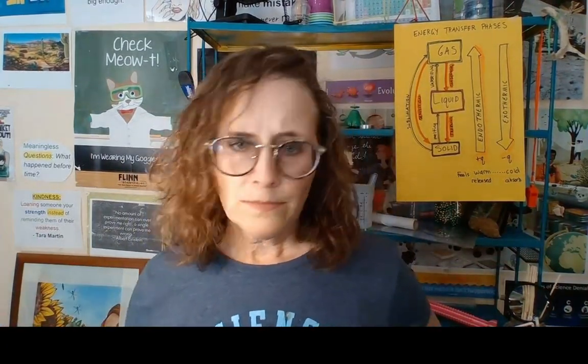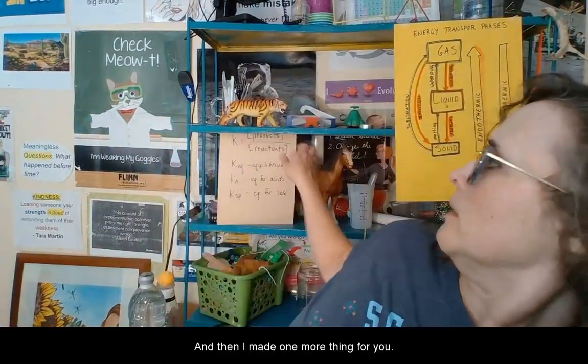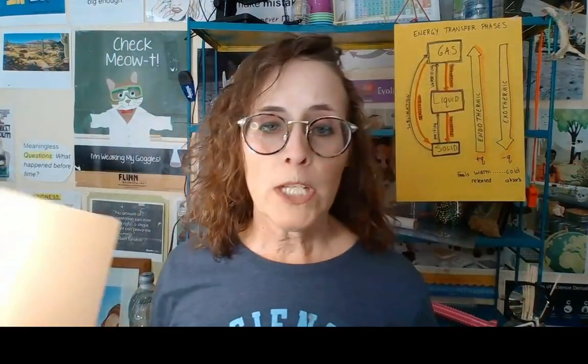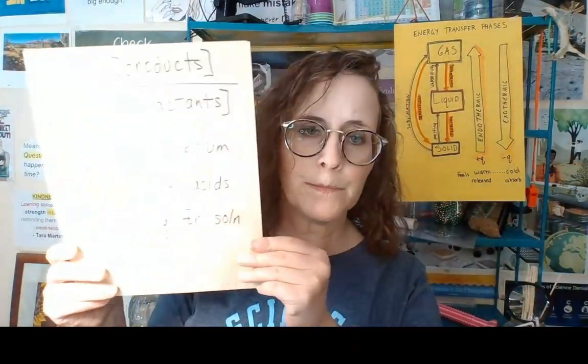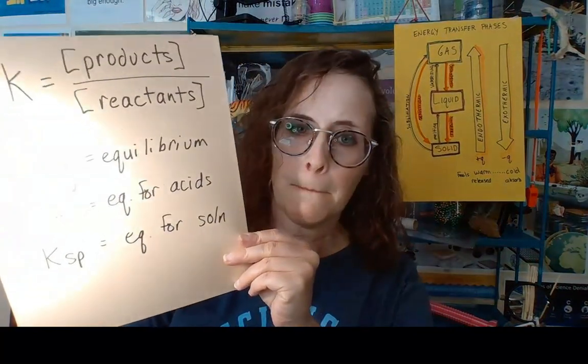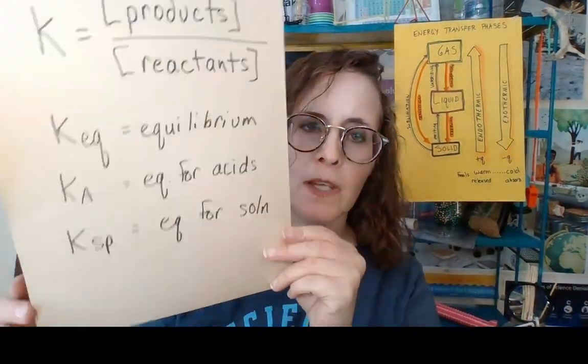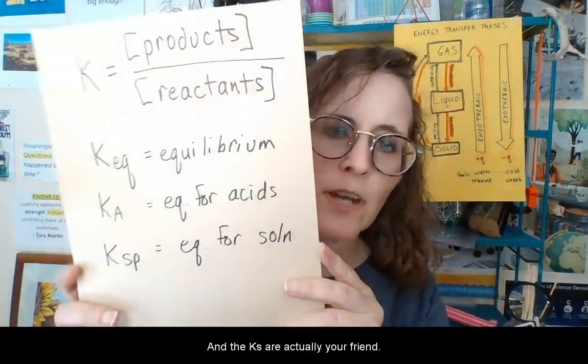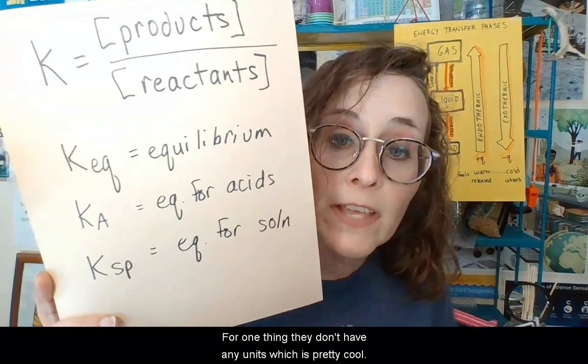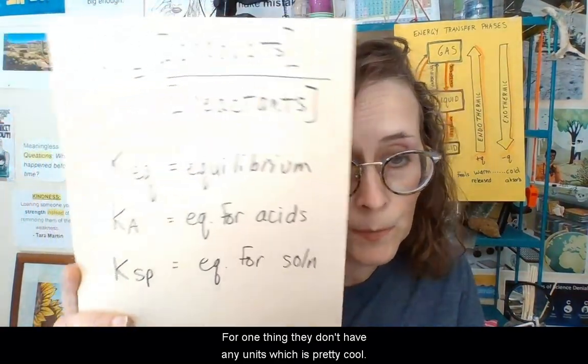And then I made one more thing for you. When you get to the second part of the chapter and you're thinking about equilibrium expressions, you're going to see these K's, and the K's are actually your friend. For one thing, they don't have any units, which is pretty cool.